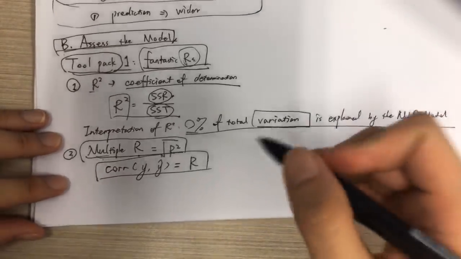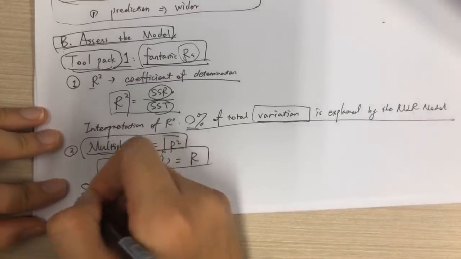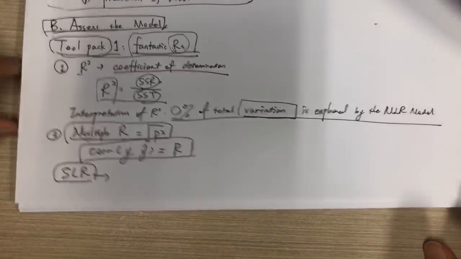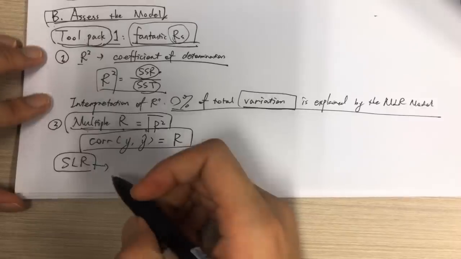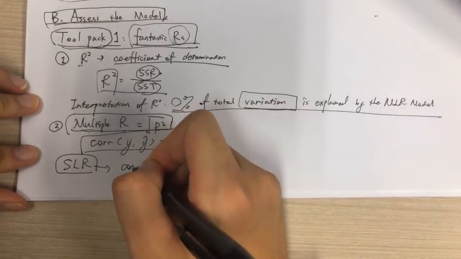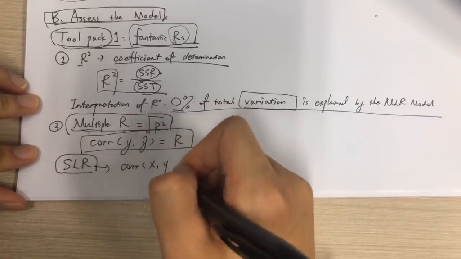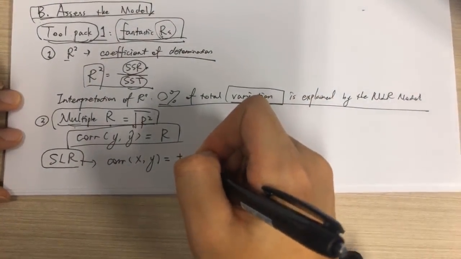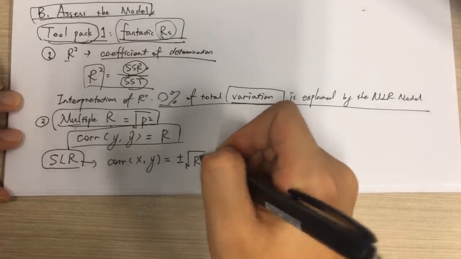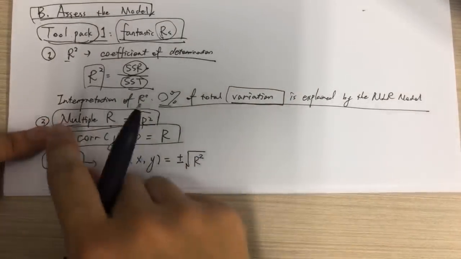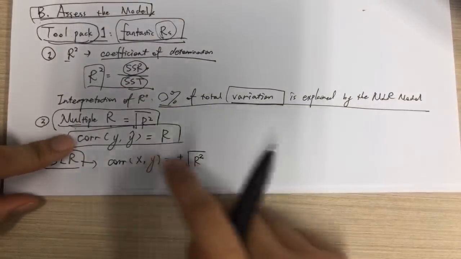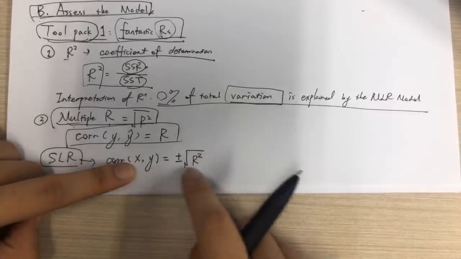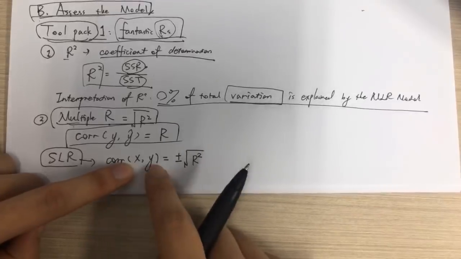And more specifically, in simple linear regression model, okay? Only in simple linear regression model. I think this also happened in your slides, right? In simple linear regression model, the correlation between X and Y can be determined by plus or minus the square root of R square, or positive or negative multiple R. This is because the correlation of Y and Y hat is R, but X and Y can have positive or negative correlations, right?